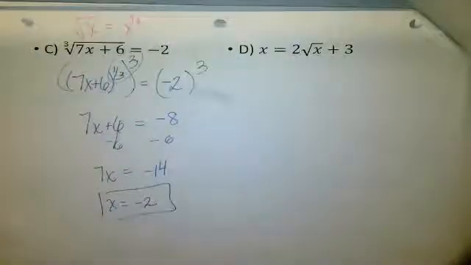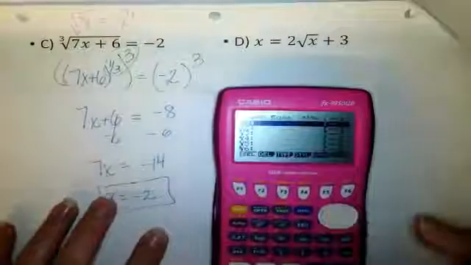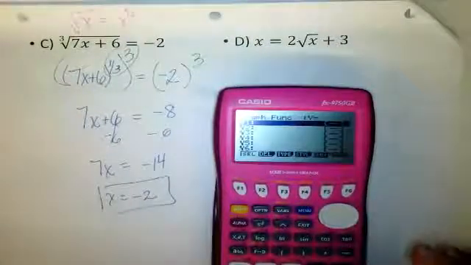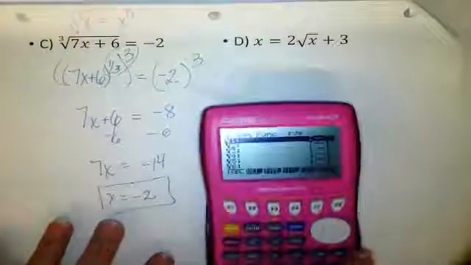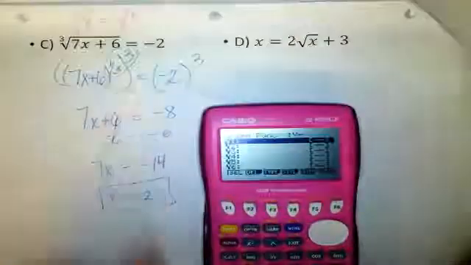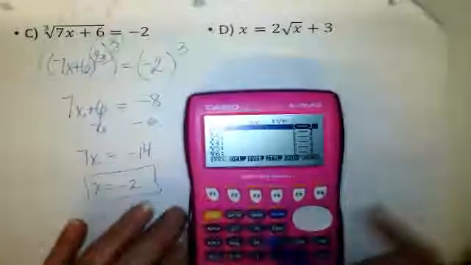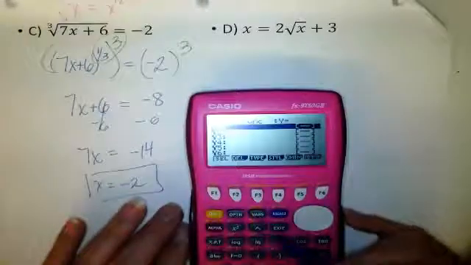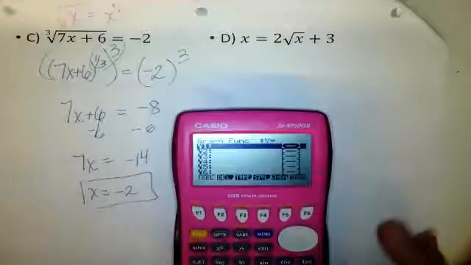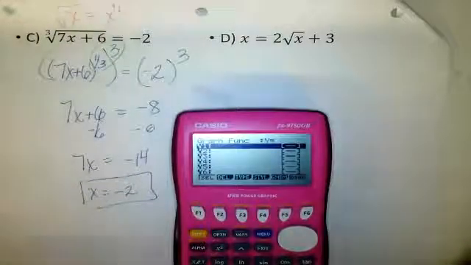If you're not sure how to do the cubic on your calculator, it's under the math menu for you TI folks. But you could do to the 1/3 power using the little caret character. As long as your 1/3 is in parentheses, then that'll work.